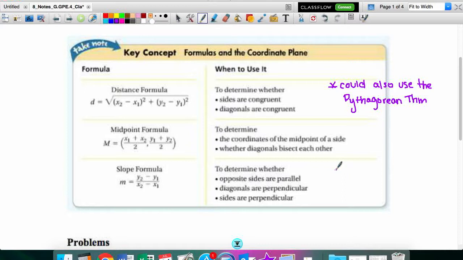To calculate your slope, you could also use rise over run, but again, this only works if you have a graph.